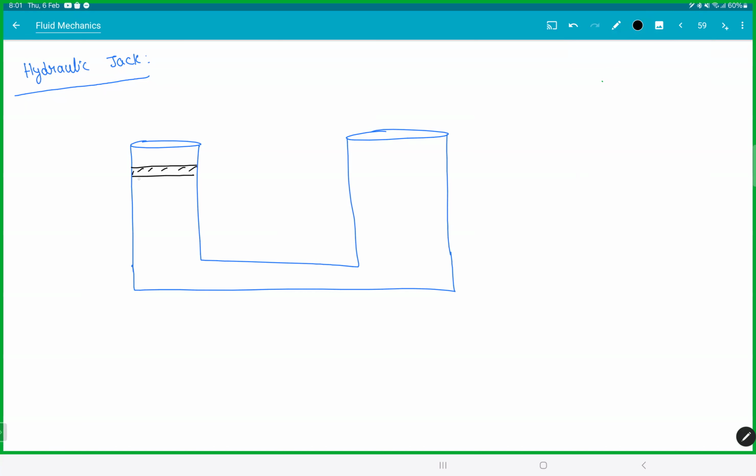Let's say we have a piston here with area A1, and a piston here with area A2, and let's say this whole thing is filled with a liquid. If you apply force F1 here, the pressure at this point will be F1 by A1. From Pascal's law, we know the same pressure will get transmitted here.